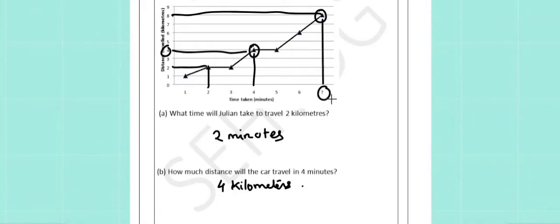Again, if we plot the 6 kilometers distance similarly against the point on the time graph, it is meeting the horizontal axis at 6 minutes. So, the difference in time is 7 minutes minus 6 minutes, and that will give us 1 minute as our answer.